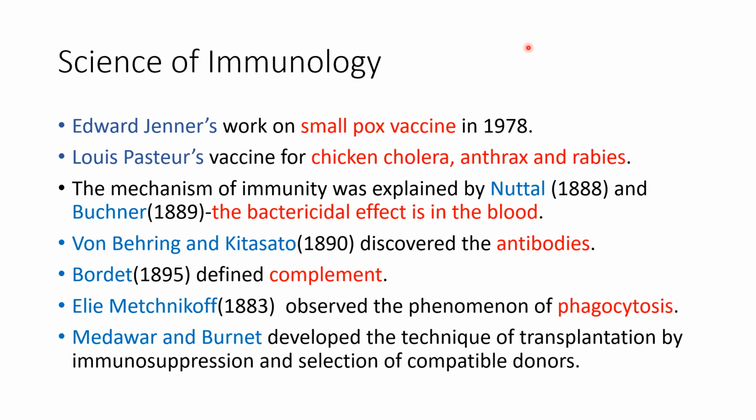And there is another important non-specific mechanism that we see in the body, that is phagocytosis, which is carried out by specialized cells called phagocytes. This phenomenon was first observed and explained by Elie Metchnikoff. This is often asked in entrance exams, so please remember this name. Elie Metchnikoff observed the phenomenon of phagocytosis.